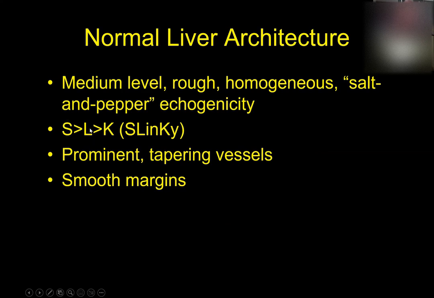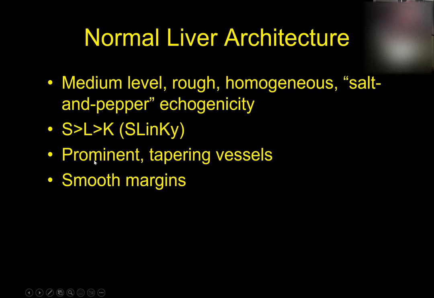The liver is a little more hypoechoic than the spleen, and the kidney cortex is usually the darkest of those three organs. So if you remember them from brightest to least bright, or from more hyperechoic to hypoechoic: spleen, then liver, then kidney. Okay, you should probably know that for a quiz coming up.